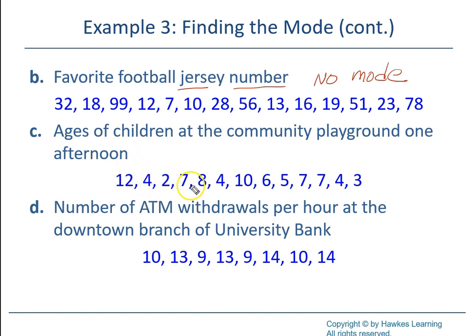As we look through these, I see a 4 there, a 4 there, and a 4 there. And I see a 7 and a 7 and a 7. So there are 3 of 4 and 3 of 7. So those would be the modes, and this would be bimodal.